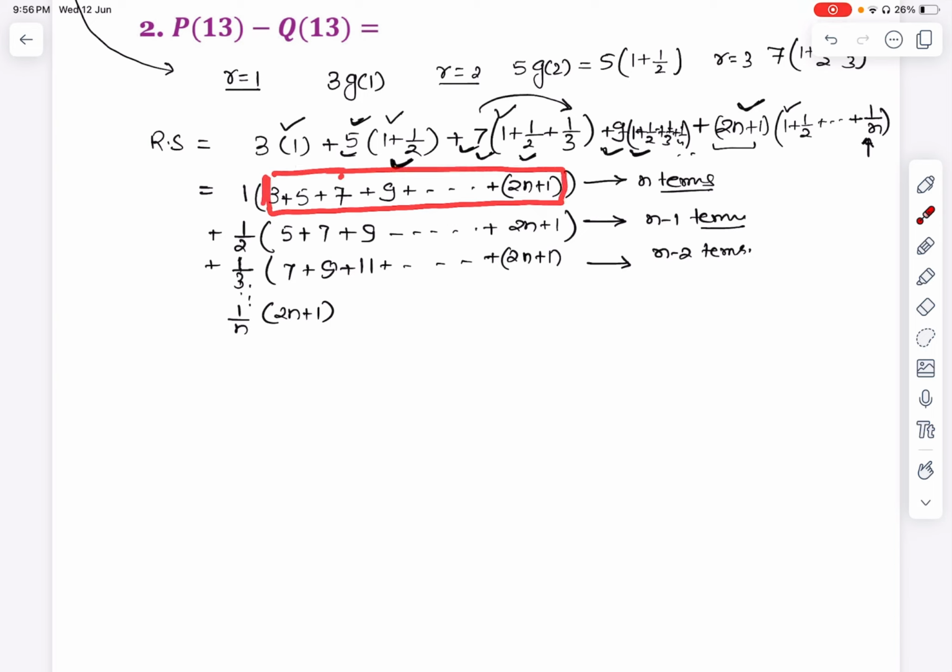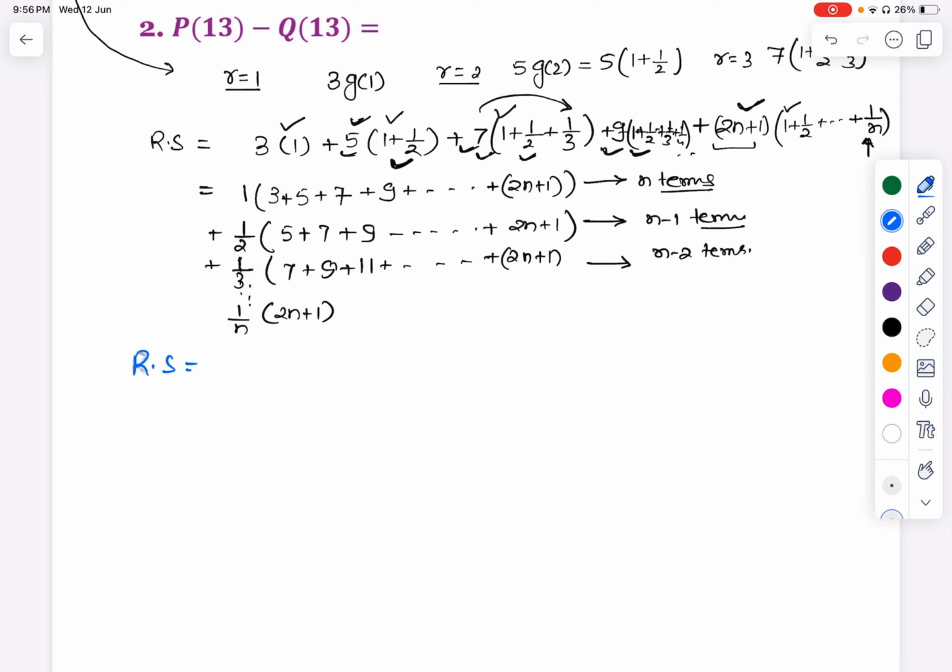So we can write the summation of this AP. Similarly, this is another AP, where the first term is 5 and the total number of terms is n minus 1. This required sum we can write as 1 into the sum of this AP. Total terms n, so n by 2. First term is 3, last term is 2n plus 1, so 2n plus 1 plus 3 is 2n plus 4.